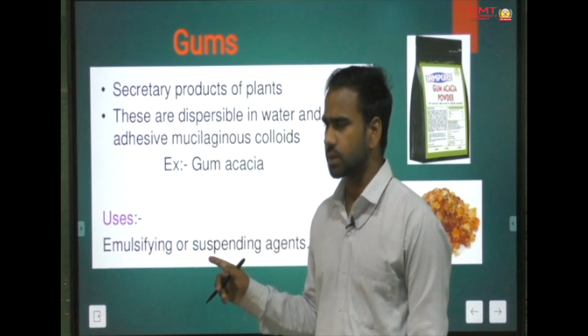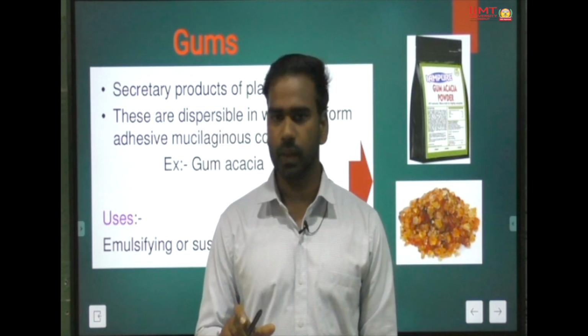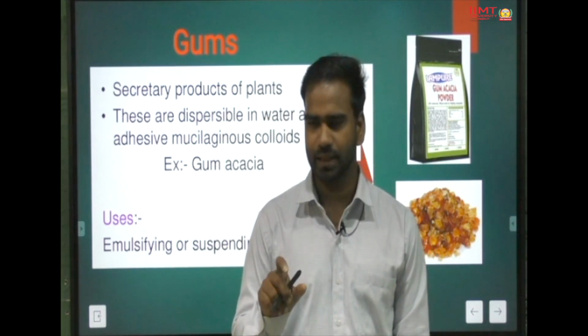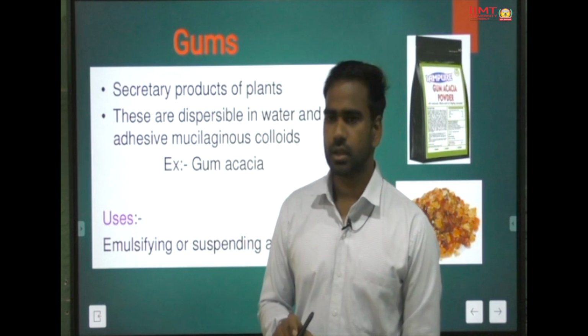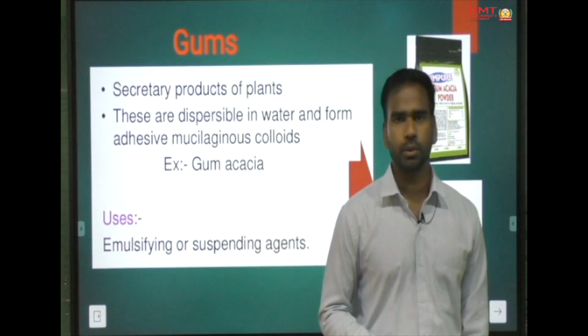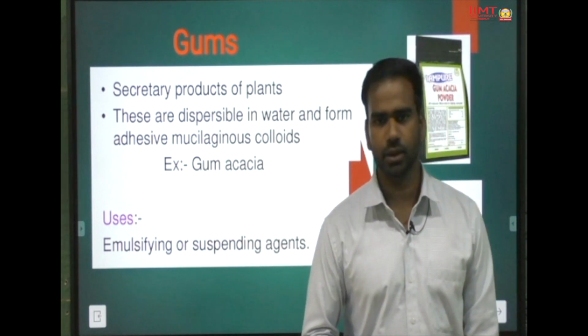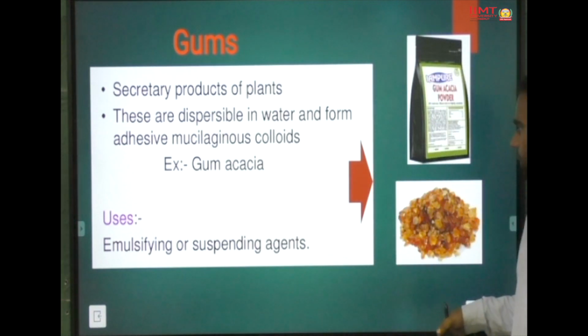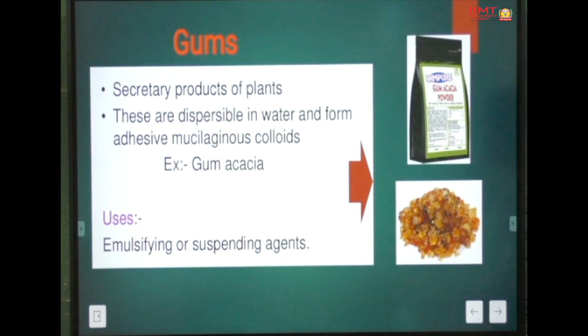We can also say that guar gum, the most common example, in the local language is used for immune responsive activities to boost your immune system. These are the basic morphology of the product, and gum acacia looks like this.